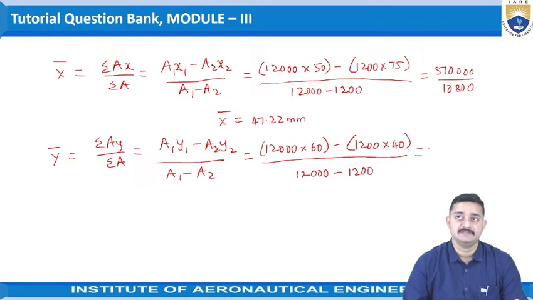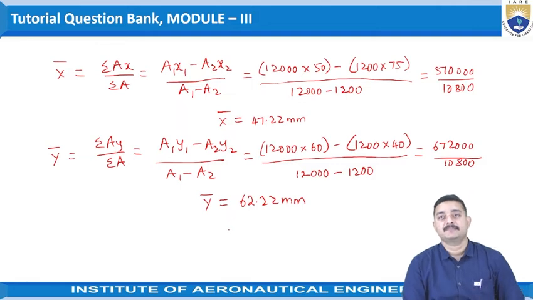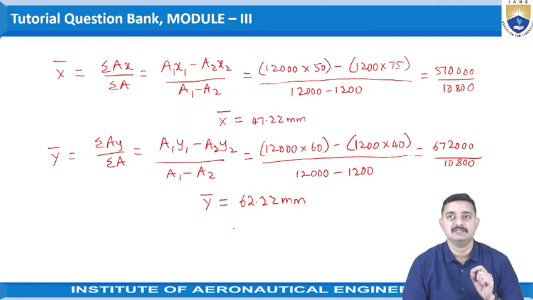So the value is 672,000 by 10800. So with this, we will get the Y bar value as 62.22 mm. This is Y bar. So in this way, we will get the solution of the centroid.